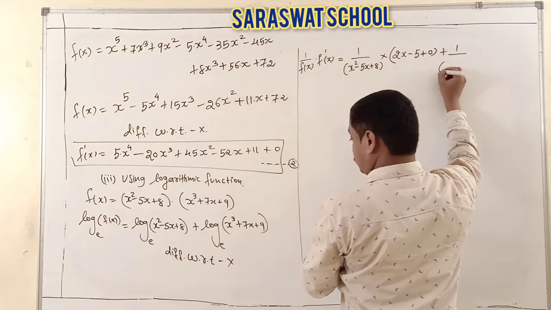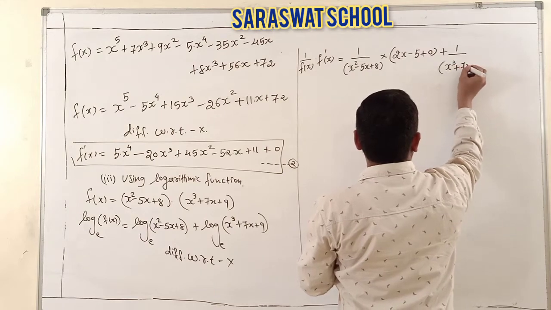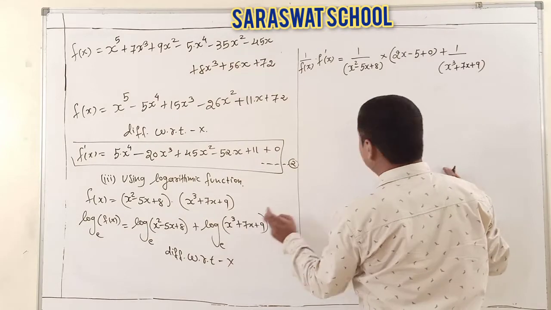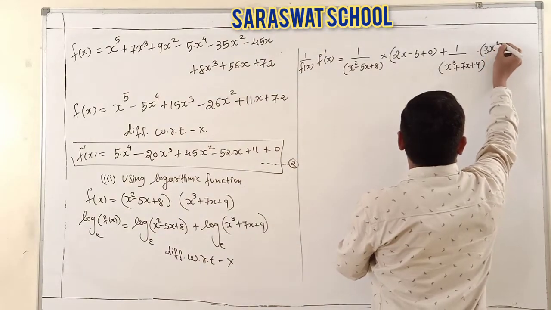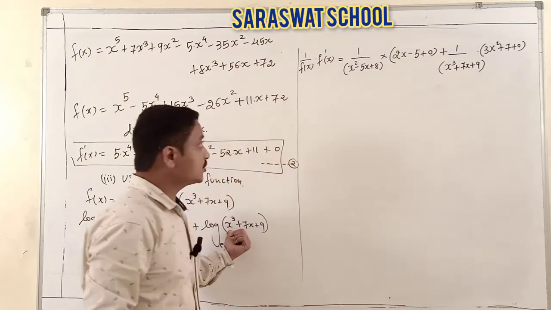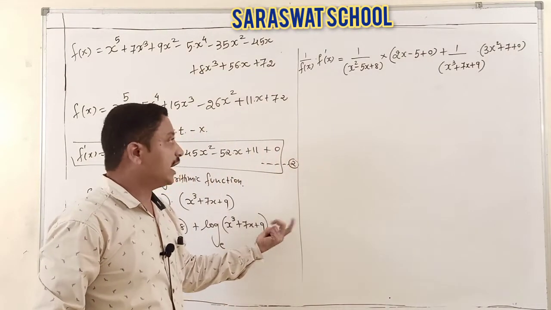Same as 1 upon x³ + 7x + 9, and what is the derivative of x³? 3x², the derivative of 7x is 7 and the derivative of 9 is 0.